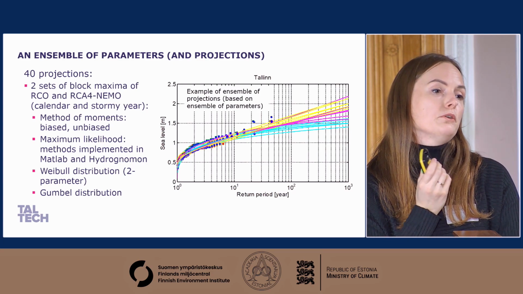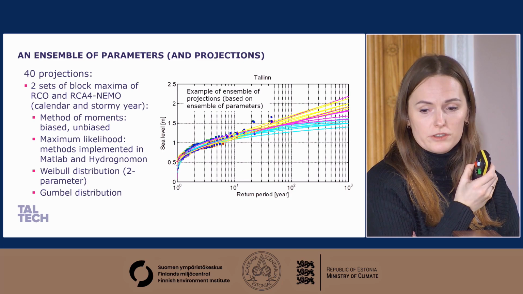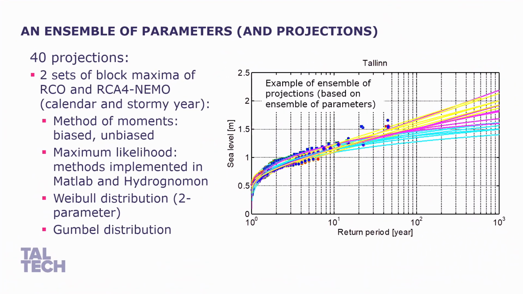And for this we use these 2 different circulation models, different sets of block maxima, these annual and stormy year maxima, and also different methods of calculation of extreme value distributions. And this ensemble we apply to find estimate of 50-year return period for extreme water level values for our study area along the coastline of Baltic states.